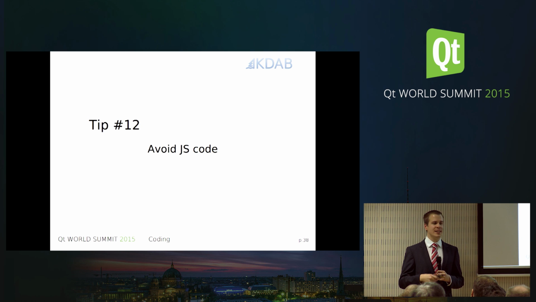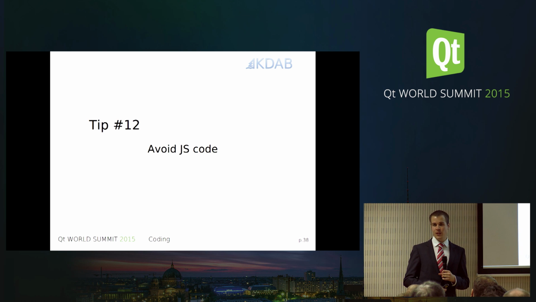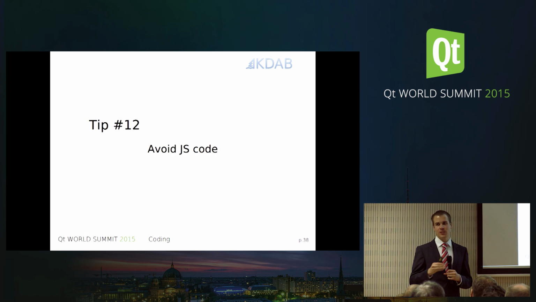If you have the code in QML, in JavaScript, that code will only be checked for correctness when it's actually run. So the only way to check that all JavaScript code is correct is to actually execute that JavaScript code. So you need to basically go over all of your UI, try all the features out, let all the JavaScript code run, and only then you can be sure that the code is correct.